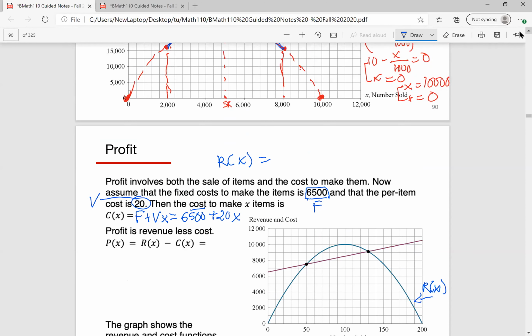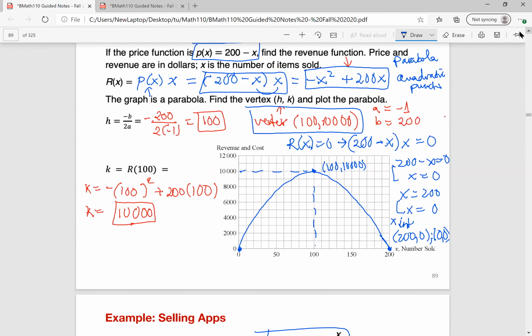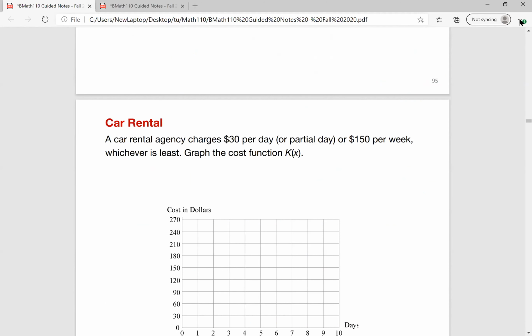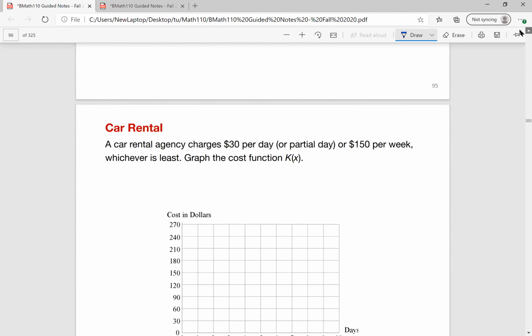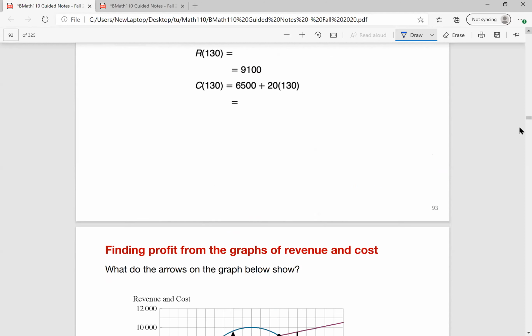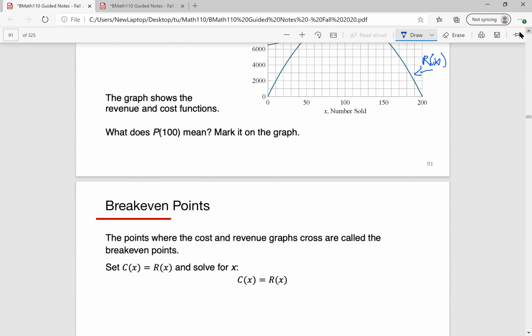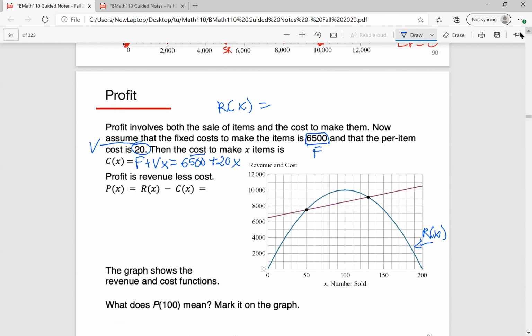Let me go back. Negative x squared plus 200x.